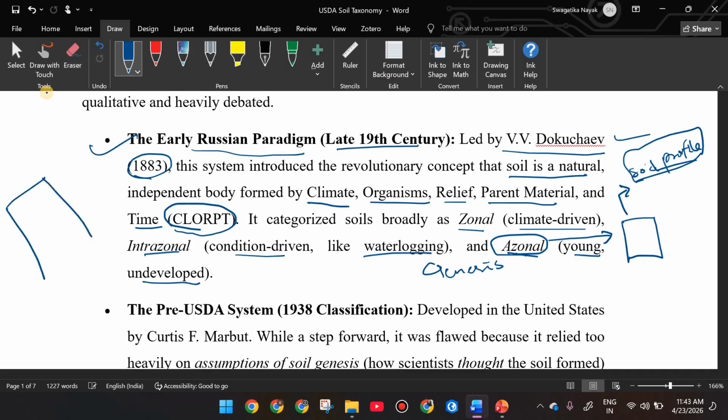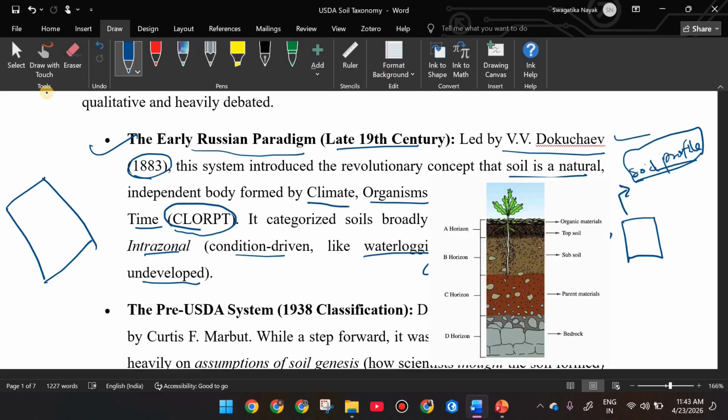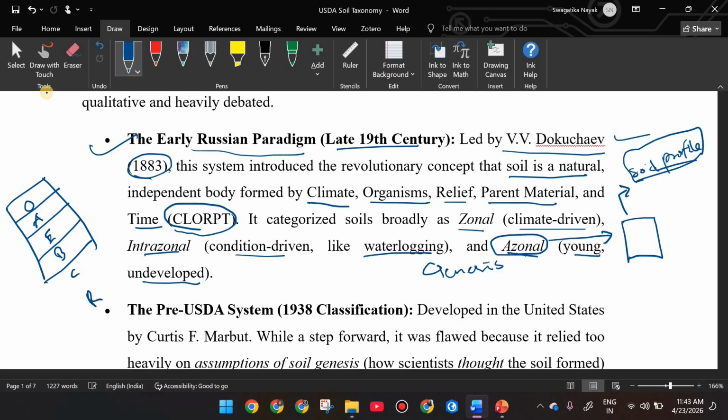If you know this part, you can skip it. As we studied in standard 8, 9, 10 or other classes, soil has a profile, a set of horizontal layers like O, A, E, B, C and R. There are some soils which do not have these distinct profiles.